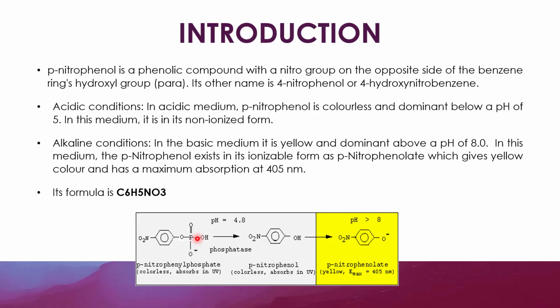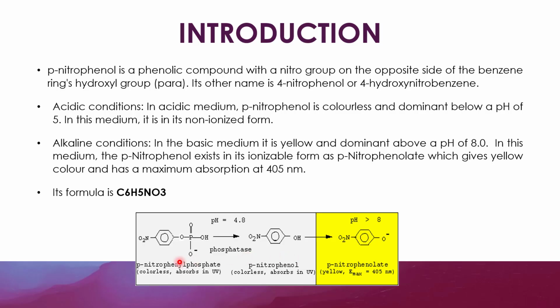Now let us look at this chemical reaction and use it to explain the behavior of p-nitrophenol in an acidic medium and also in an alkaline medium. We are going to hydrolyze an artificial substrate, p-nitrophenol phosphate, by acid phosphatase in an acidic medium to p-nitrophenol, and after that we will increase the pH of the medium by adding an amount of sodium hydroxide solution to it.